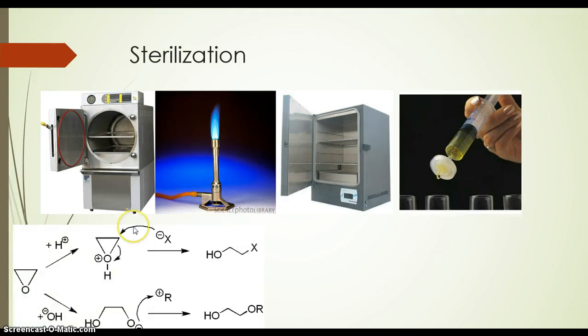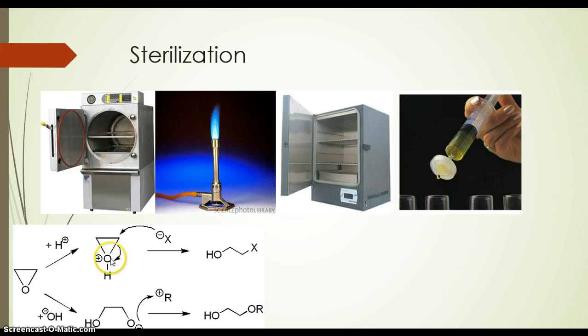The next one is using gaseous chemosterilizers, and the big one here is ethylene oxide. If you're in organic chemistry, something does an SN2 reaction on the backside of this epoxide, which if you're in organic one you probably haven't gotten to yet.